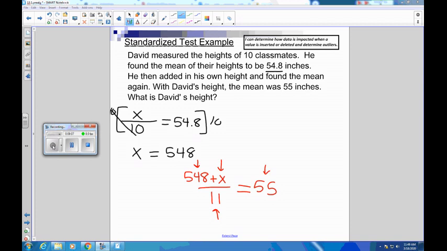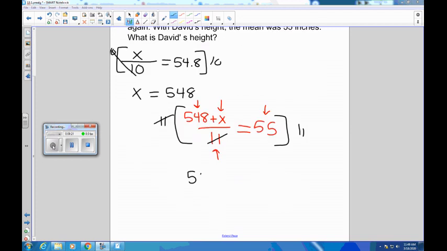The mean is now 55. So now to solve this, I'm going to do brackets. I'm going to multiply both sides by 11. These 11s cancel, so I'm left with 548 plus x equals, then I'm going to take 55 times 11, and I get 605.